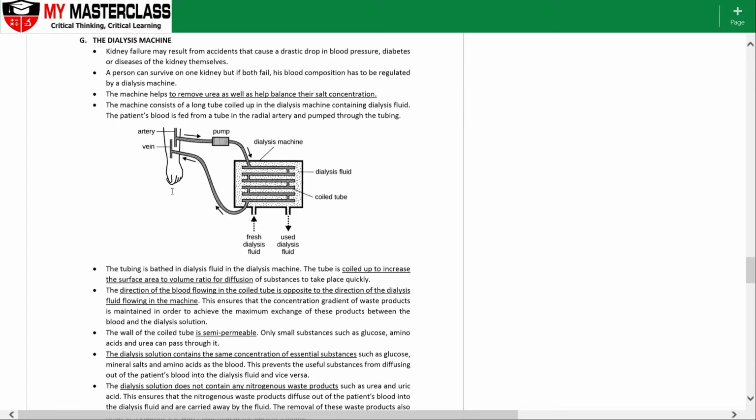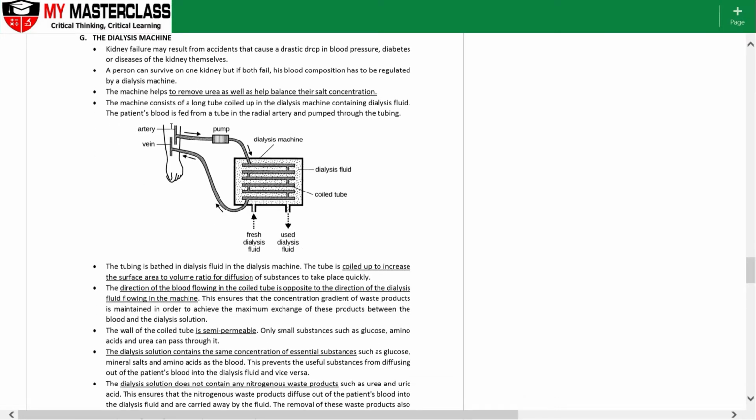Okay, so you can see over here, you have got the patient's arm at this region. The patient's blood over here is being fed from a tube. Essentially, it will be a minor day surgery whereby they will have to insert a little knob here for future attachment of the tubing from the radial artery.